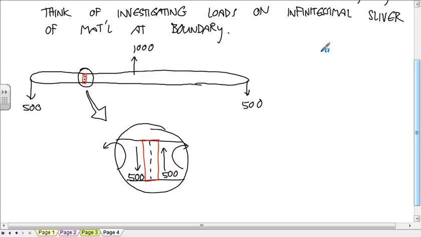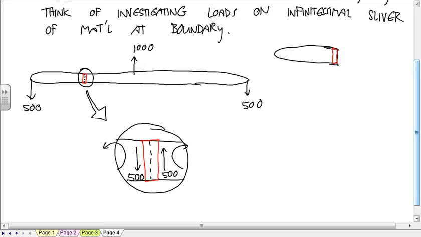Okay, so think about when we isolate the left side, and here's the sliver of material, we're looking at the loads acting on the right face.